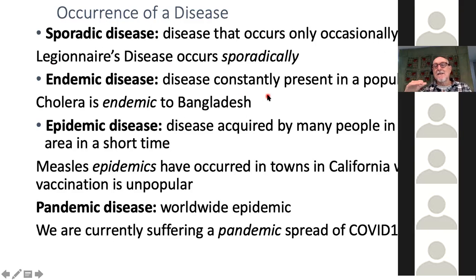Endemic disease is a disease which is constantly present in a particular area, often at a very low rate. Often it is maintained somehow, either in the human population or another population, and it flares up from time to time. What is very important about endemic disease, for example, cholera is endemic to the country of Bangladesh.